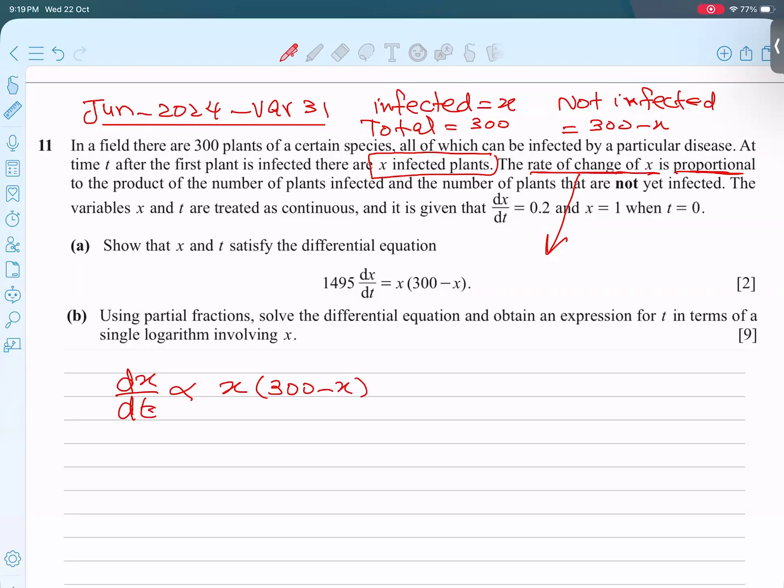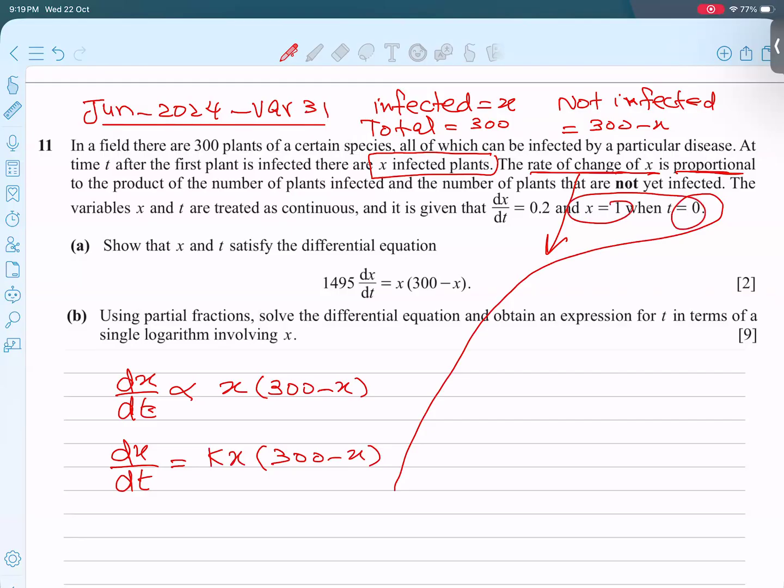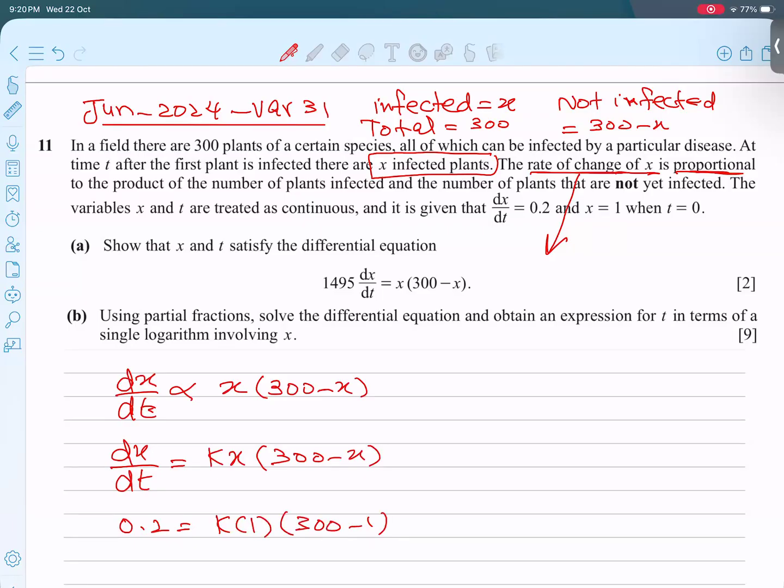Afterwards, when I remove the proportional sign, we get a k automatically. Now, how to get the value of k? He gave some values: t is 0, x is 1, and dx by dt is 0.2. I put in the values: 0.2 equals k as it is, x value 1, so 300 minus 1.